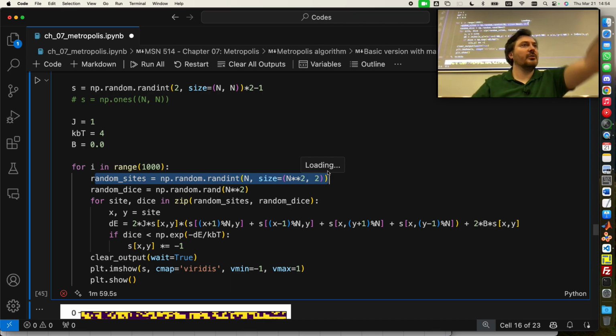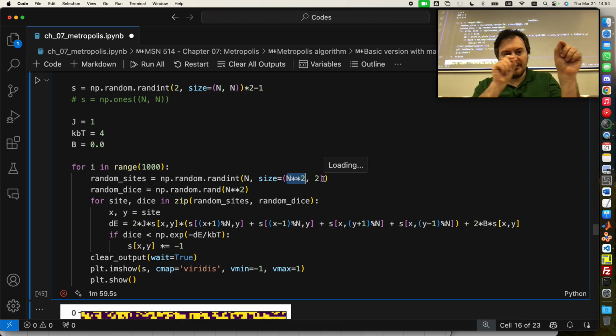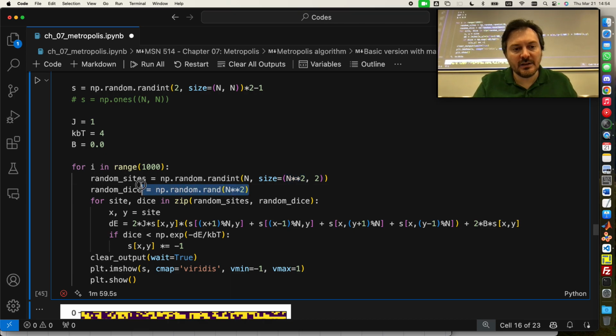Then go to the other spin, try to do it until you go over all the spins. That's why I have these n squared random sites. That's where I'm going to try flipping. Then there are n squared random numbers. That's the dice that I'm going to use.